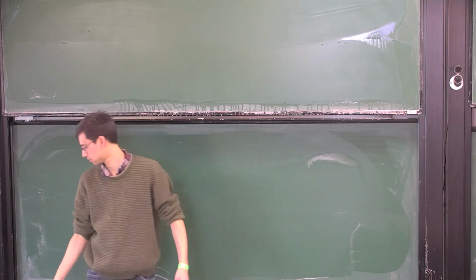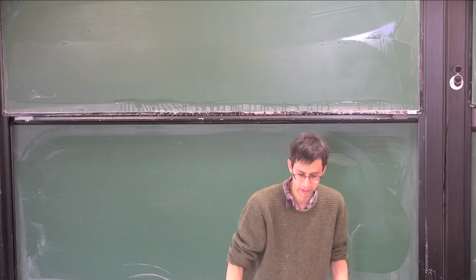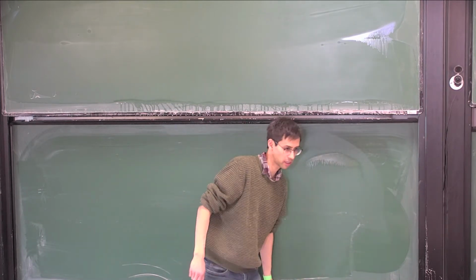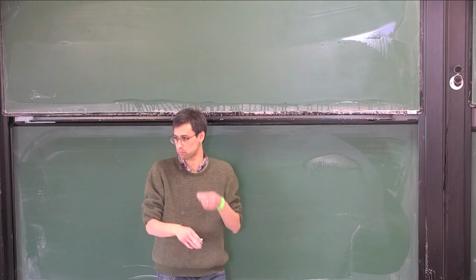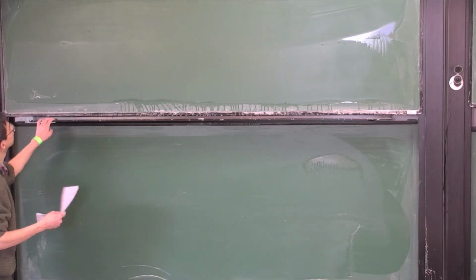So gamma is this form that you fix from the beginning? Yes. It is determined by the symplectic foliation and my choice of complement G.